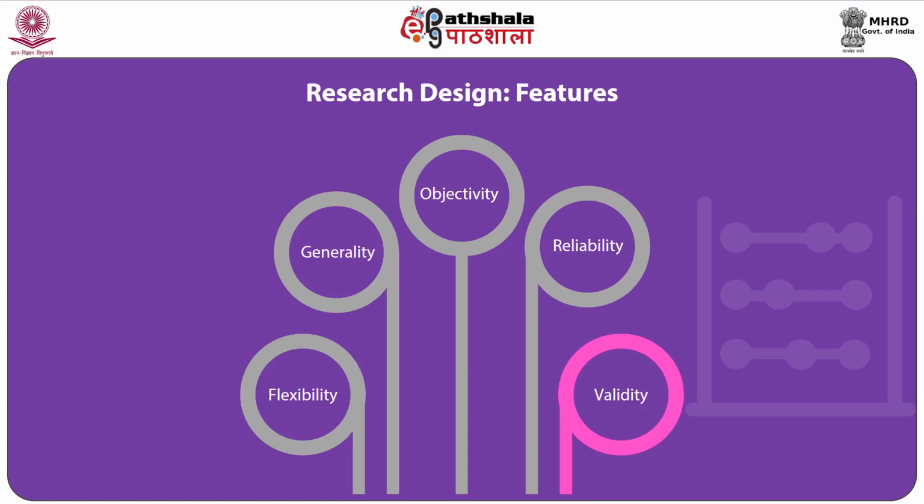It means that measuring tools such as intelligence score, attitude or opinion scales should measure only what they are made for. For instance, if the tool is constructed to measure empowerment of women, it should measure only the empowerment of women and nothing else, and the responses from the respondents should be centered on empowerment of women only.